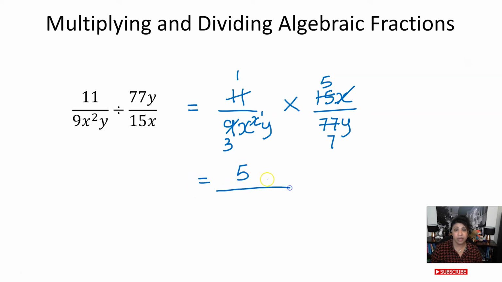Then I have 3xy times 7y. So first the numbers, 3 times 7 is 21. And then I have x, and then I have y times y. So that is going to give me y squared. And this can't be simplified any further. That means this is your final answer.